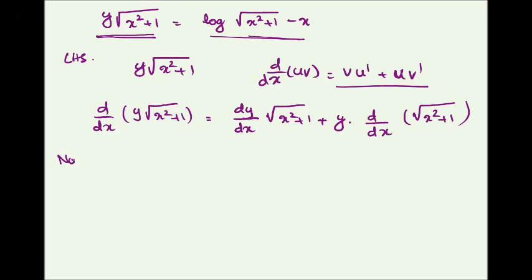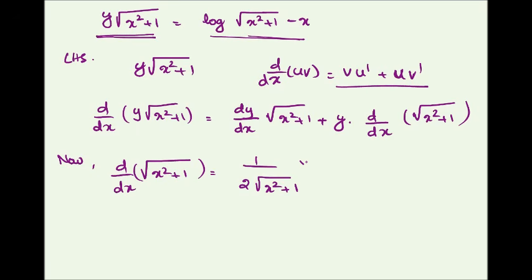Now we need to find d/dx of √(x²+1). That is 1 by 2√(x²+1) into 2x. Here the 2 and 2 cancel, so we can write x by √(x²+1).